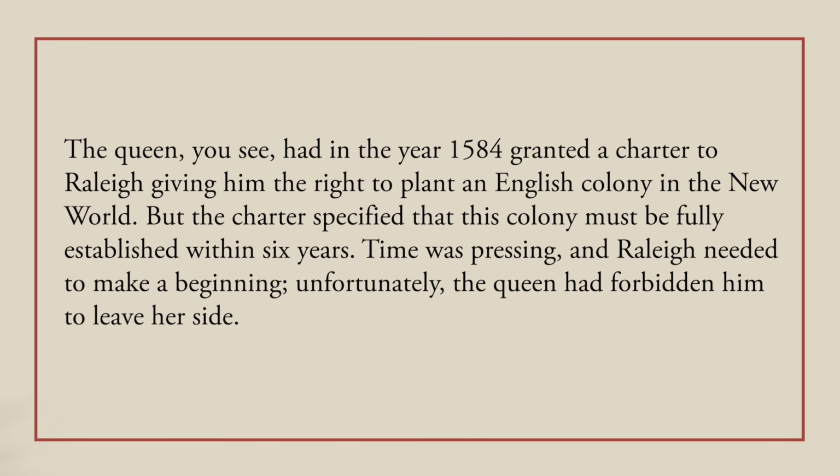The Queen, you see, had in the year 1584 granted a charter to Raleigh, giving him the right to plant an English colony in the New World. But the charter specified that this colony must be fully established within 6 years. Time was pressing, and Raleigh needed to make a beginning. Unfortunately, the Queen had forbidden him to leave her side.